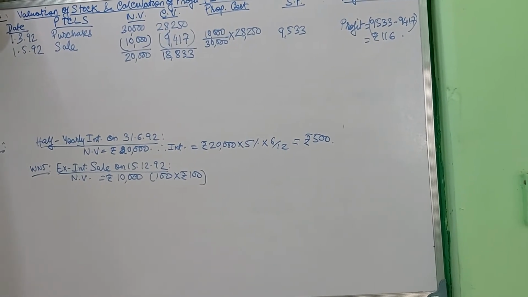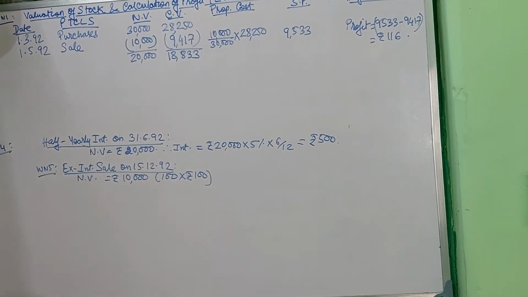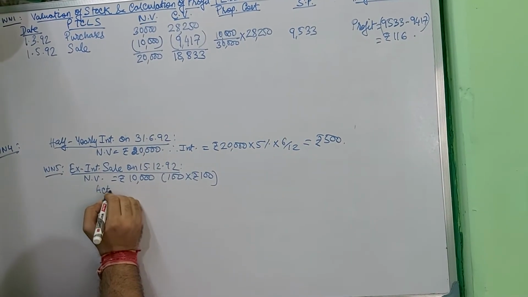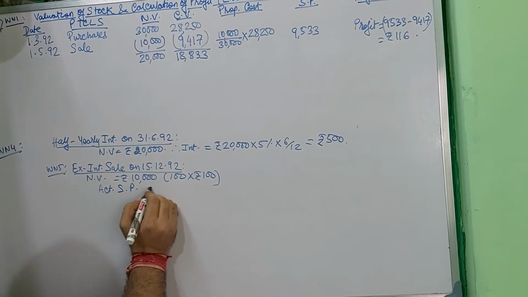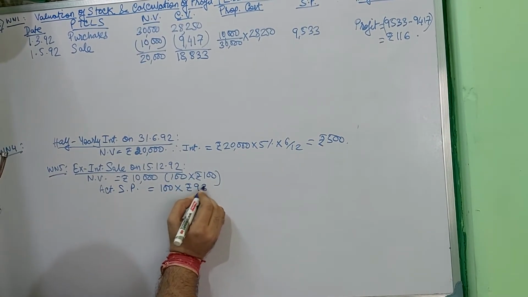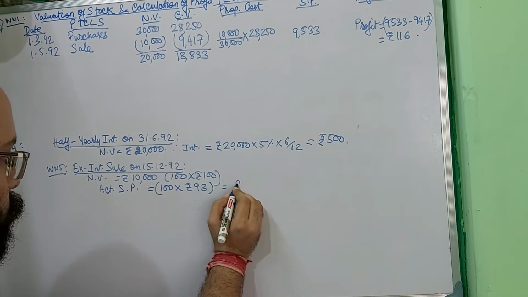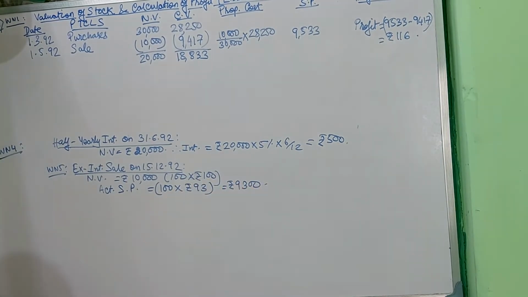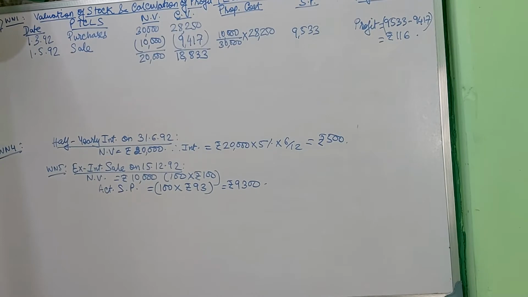The actual selling price has been given again as 93, meaning 100 into rupees 93. It is coming to 9,300. As it is ex-interest, although you have to calculate the interest separately, you do not have to deduct it. Cum interest you need to deduct, but for ex-interest you do not need to deduct.